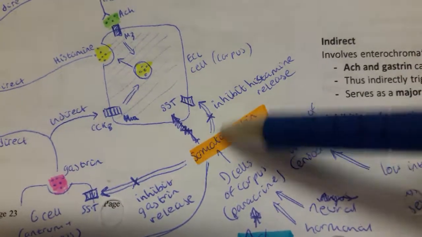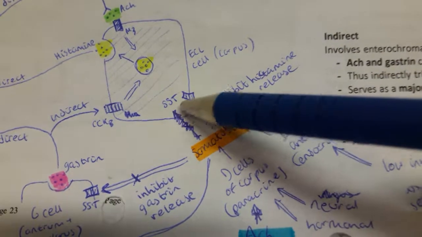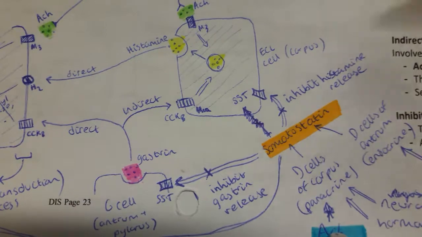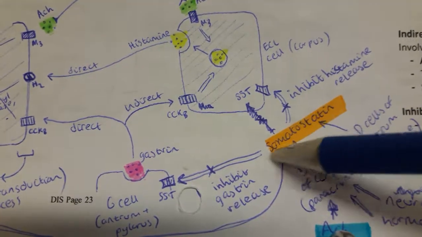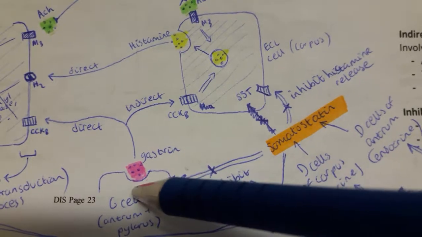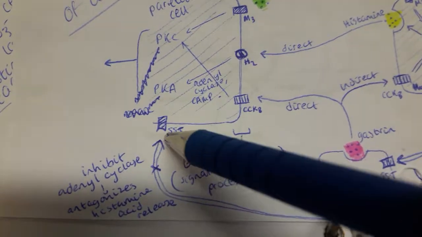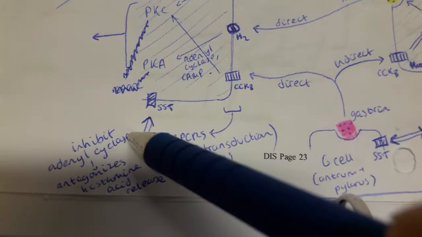It can inhibit histamine release from the ECL cells by binding to the SST somatostatin receptor. It can inhibit gastrin release by binding to the receptor. And it can also act directly on the parietal cell, where it inhibits adenyl cyclase.